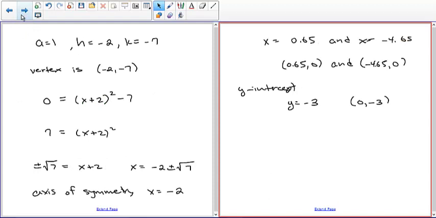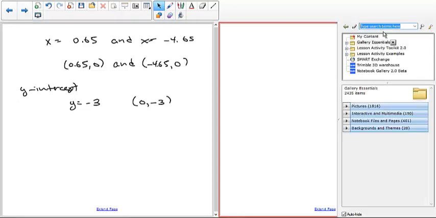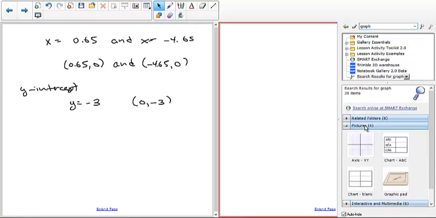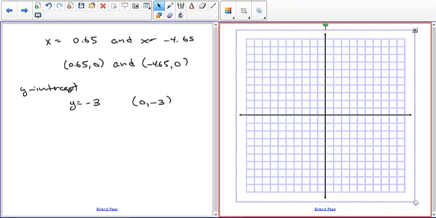Okay, so we're going to add a page and put a piece of graph paper in. So our axes, let's make this negative 10, make this positive 10, 10, negative 10.